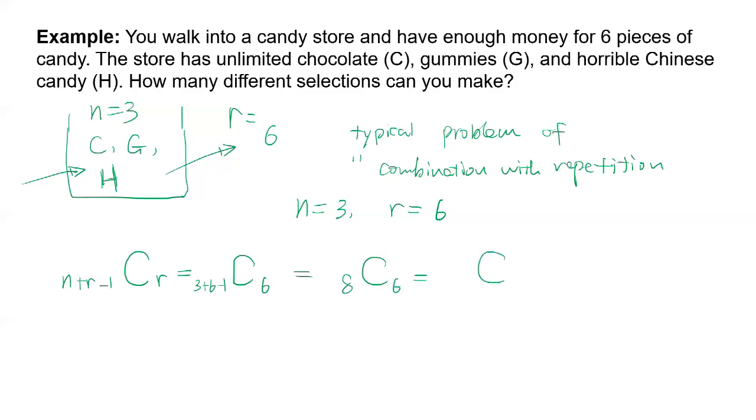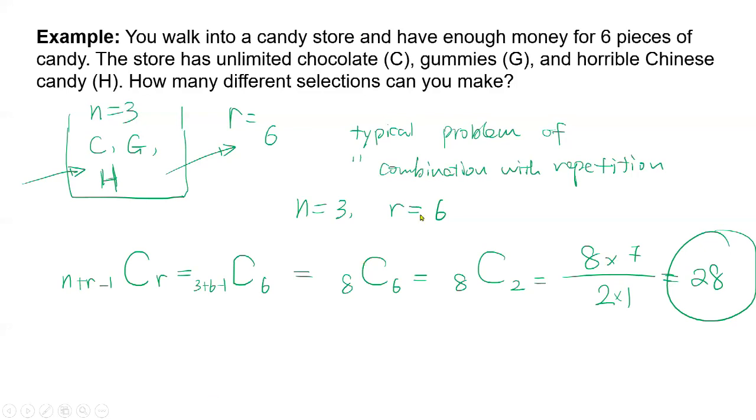We already know C(8,6) is C(8,2), which is 8 times 7 divided by 2, which is 28. So this is the total number of ways you're looking for.